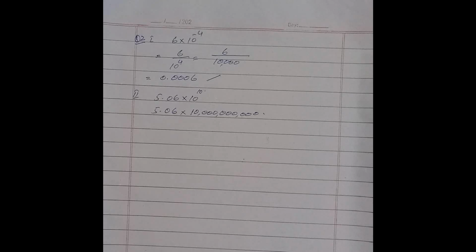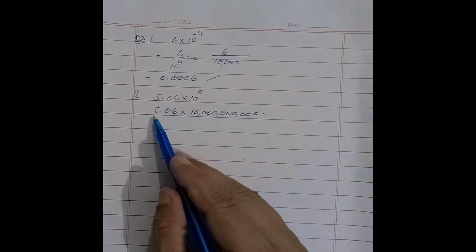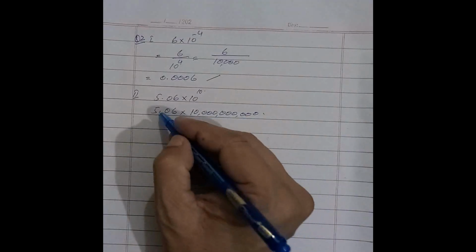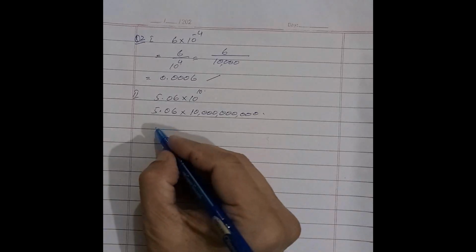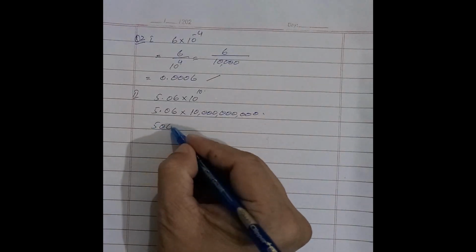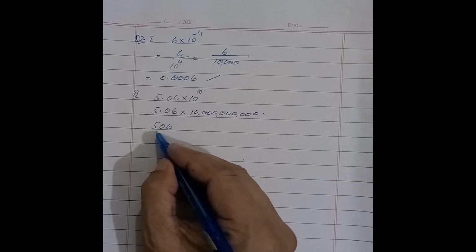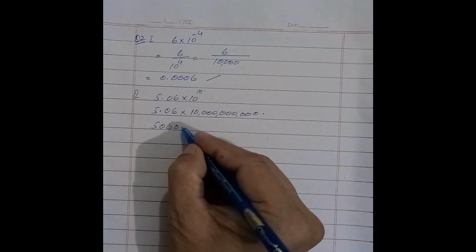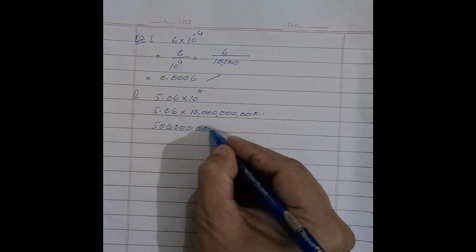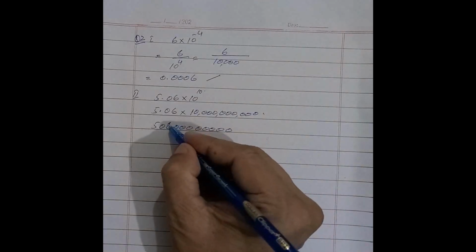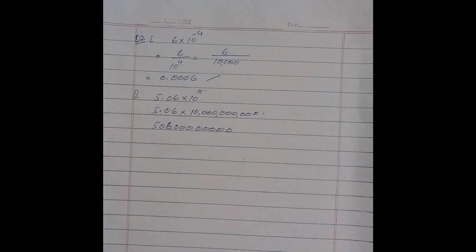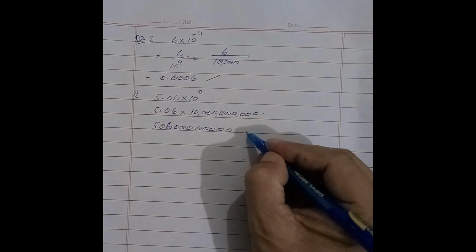And when we multiply this value with 5.06, the decimal is shifted on the right side 10 points, and we get 506. It is shifted 1 2 3 4 5 6 7 8 9 and 10, and we get the answer.